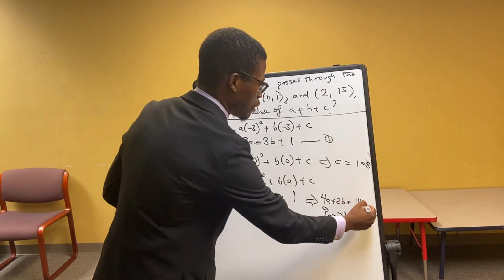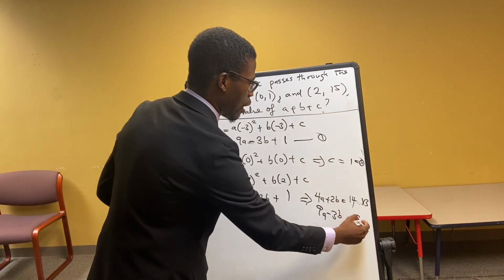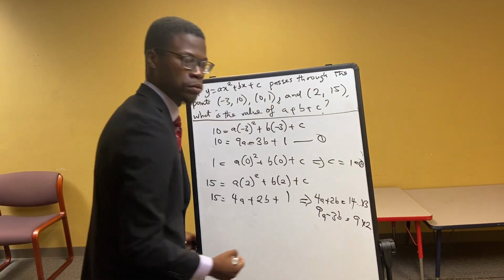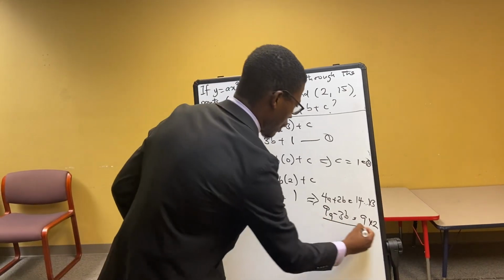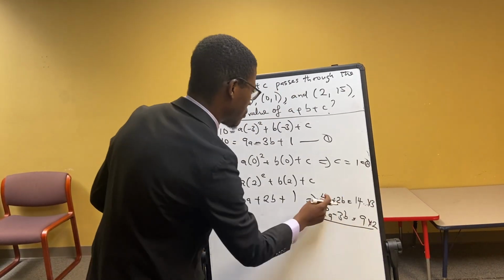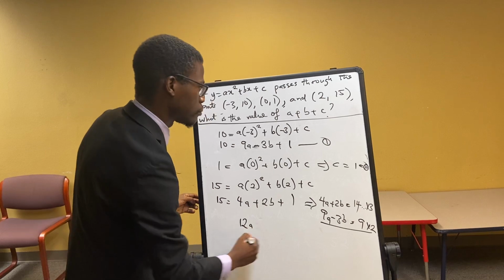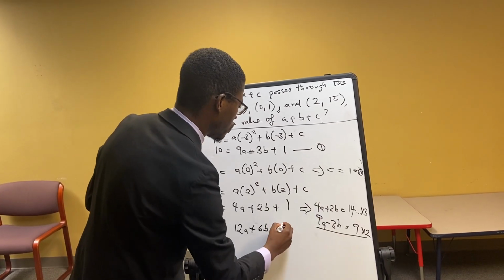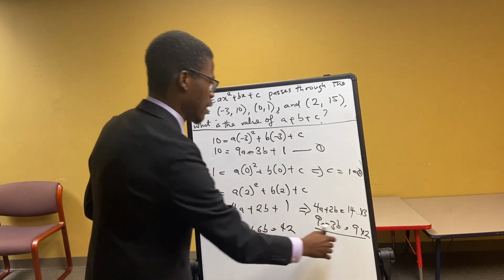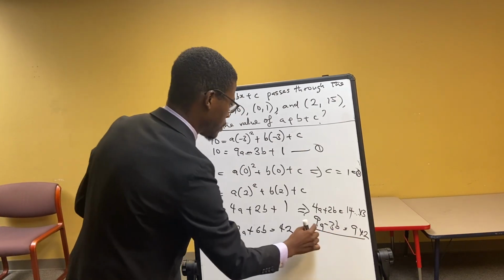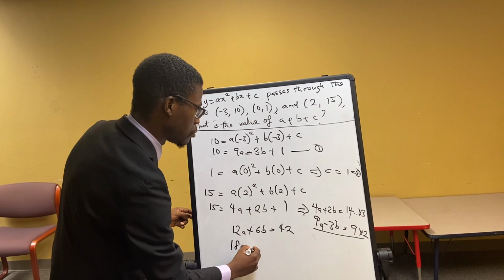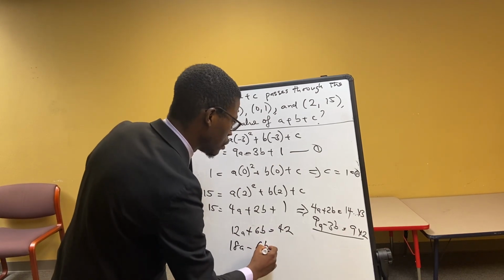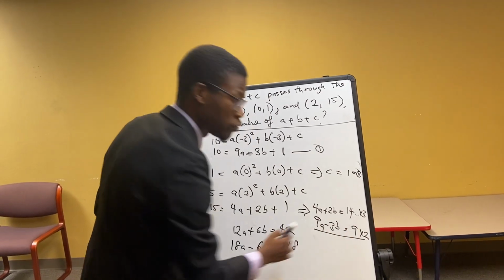So what I can do here is multiply this by 3 and multiply this by 2. That becomes 3 times 4, 12a plus 6b equals 42. Then 2 times 9, 18a minus 6b equals 18, 9 times 2.